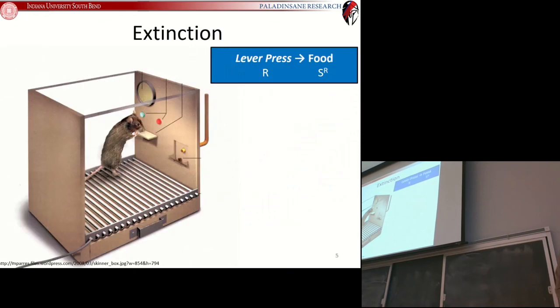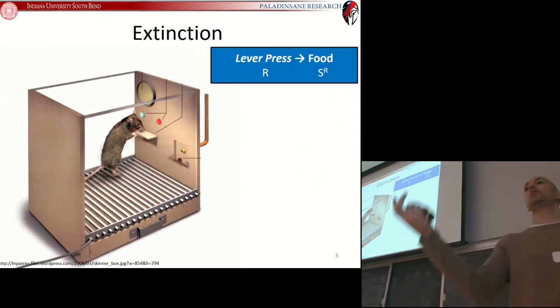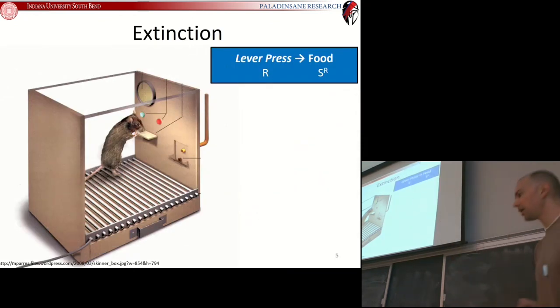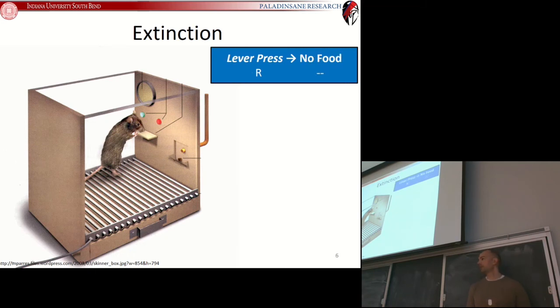So a laboratory example of this, and one that you have all completed as part of your homework: Sniffy was being reinforced for pressing a lever. So lever press was the operant behavior. Food was the reinforcement. And what you did is you put Sniffy through an extinction procedure where food was previously reinforced, and then once the extinction procedure began, food was no longer being reinforced.